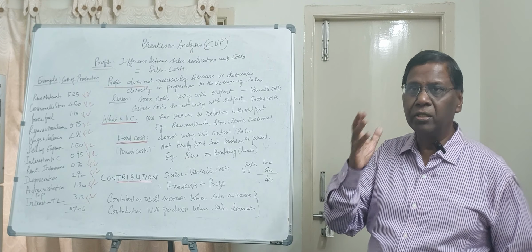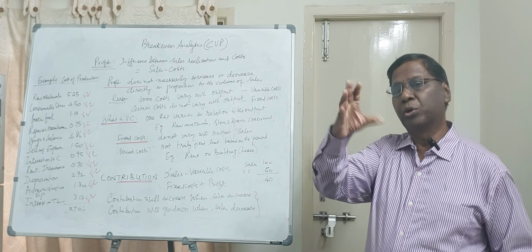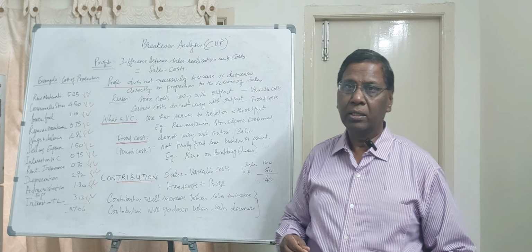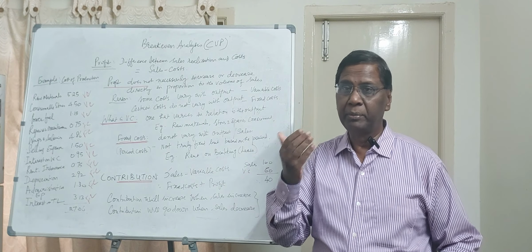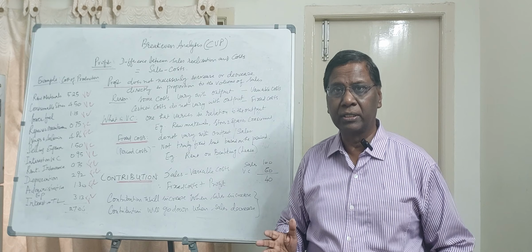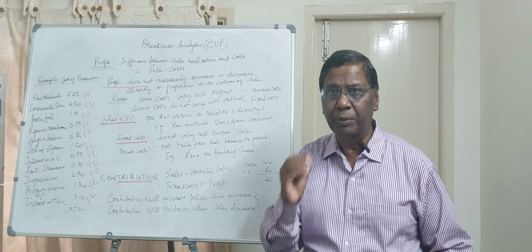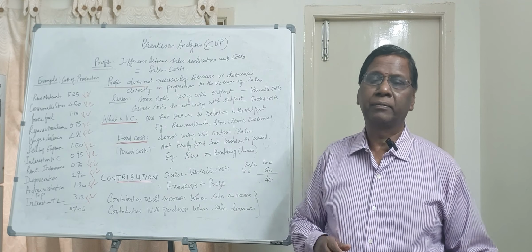When you think of profit, contribution is nothing but the profitability of the product. Contribution indicates profitability. Profits is different, profitability is different. Even if you have a loss, still the activity is profitable if contribution is positive. Go ahead.